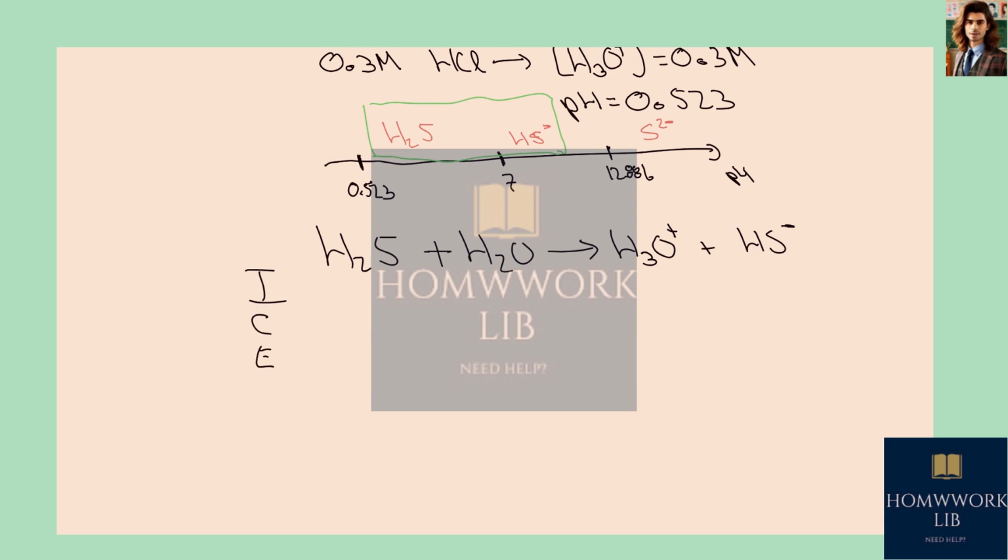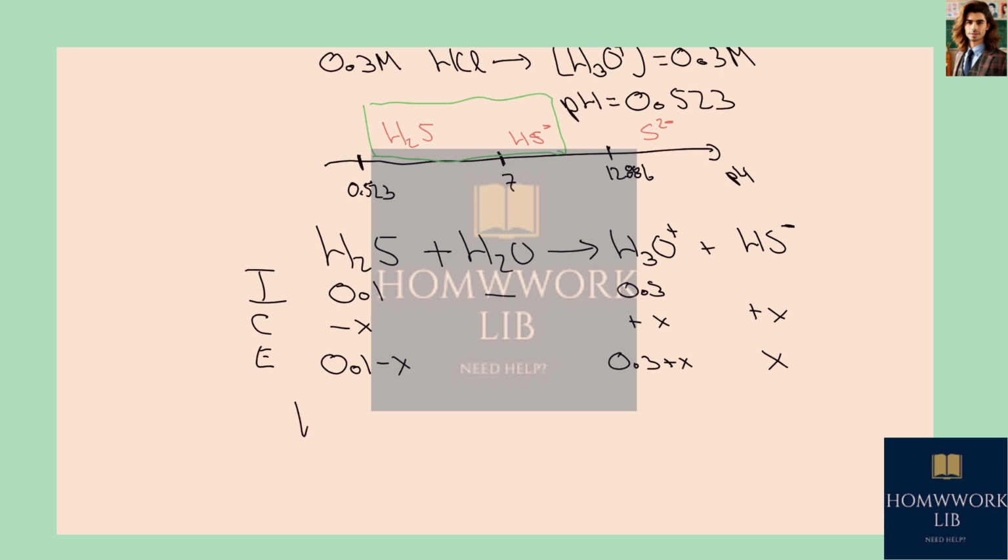The initial concentration is going to be 0.1 molar. Of H3O+, we are going to have an initial concentration of 0.3 molar. The amount of change, let's call it X. We're going to add plus X and plus X on these sides. And at the equilibrium, we're going to get 0.1 minus X, 0.3 plus X, and X.